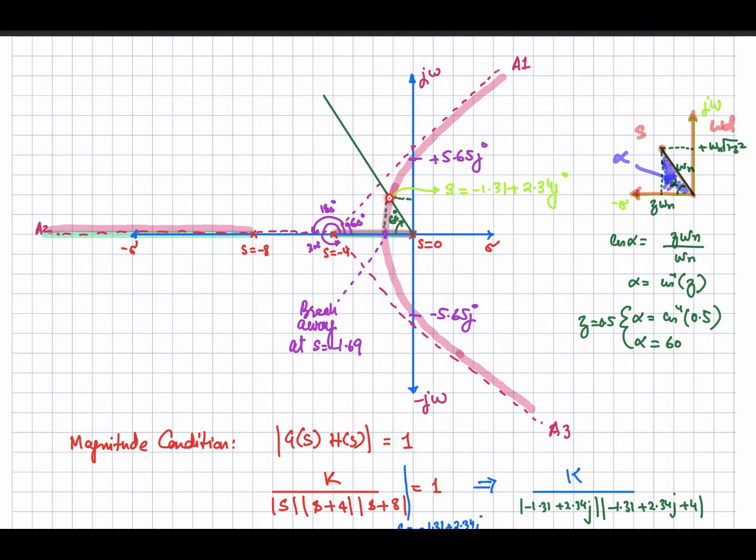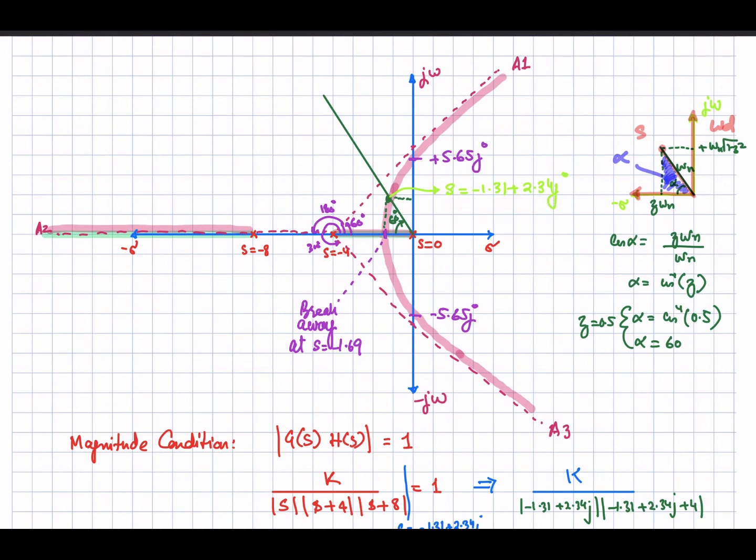So if the pole is equal to minus 1.31 plus 2.34 j, it will be at this point, the angle will be 60 degrees, and zeta will be 0.5. For the root locus, the sufficient condition is the angle. If we calculate this angle, you can find this point which will be on the root locus.